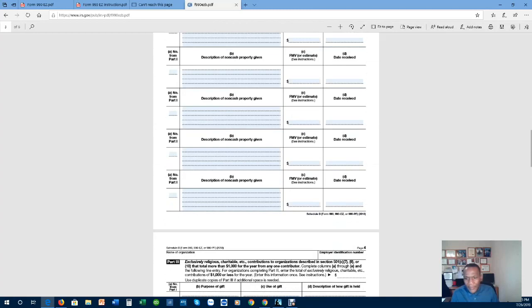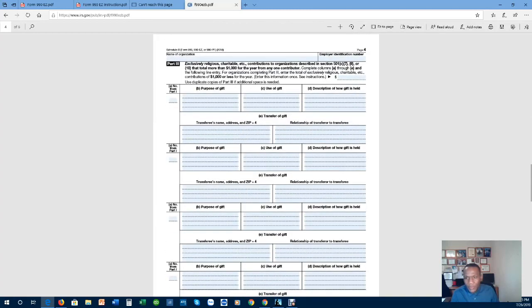And then Part III would be exclusively religious, charitable, etc., contributions to organizations described in section 501(c)(7), 501(c)(8), or 501(c)(10) that total more than $1,000 for the year from any one donor contributor.